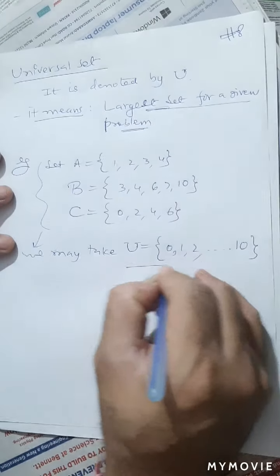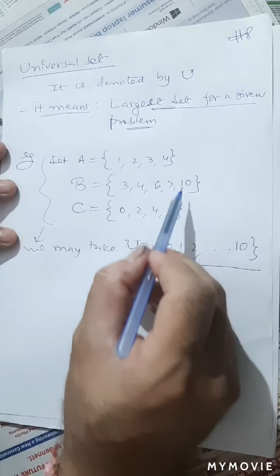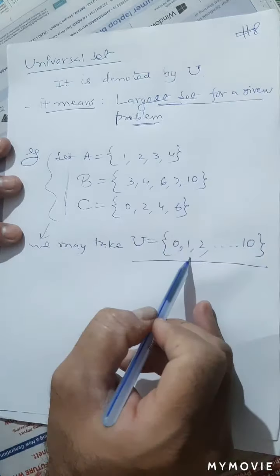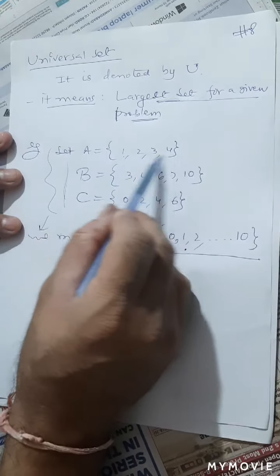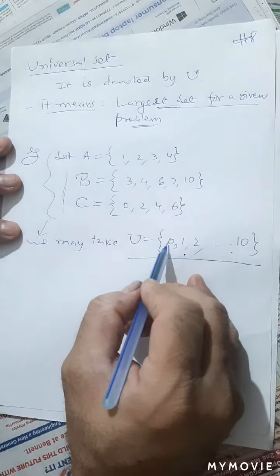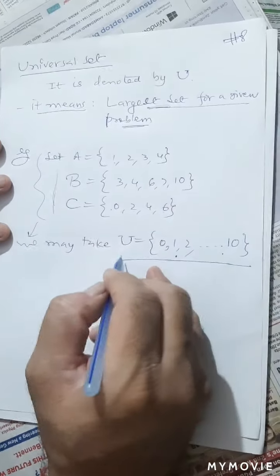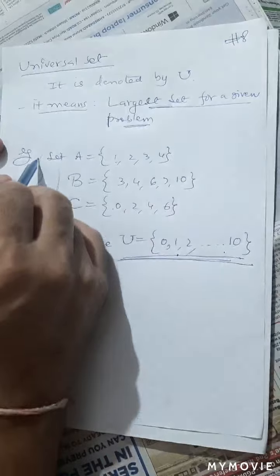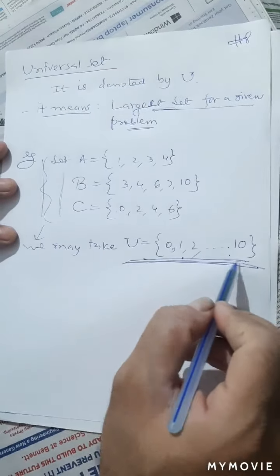This is our universal set. What's the meaning of this? That means all these sets become subsets of this. Each member of each of these sets must be present in this. So 0, 2, 4, 6 are all present here. So this is the biggest set for this problem, and this is called the universal set.